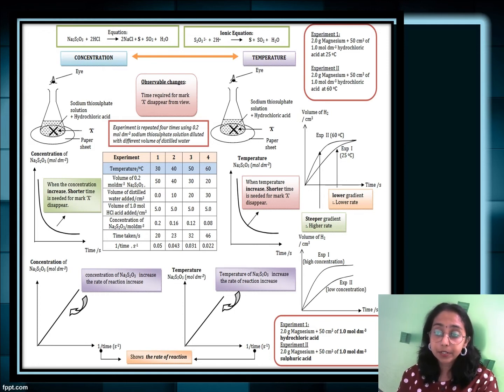When the temperature is higher, the time taken for the X mark to disappear from view will be shorter. As the temperature decreases, the time taken will become longer. So that's why you get this type of curve. But the same thing, we can plot it in terms of temperature against 1 over time, which is the rate of reaction. So the relationship is, as the temperature increases, the rate of reaction increases.